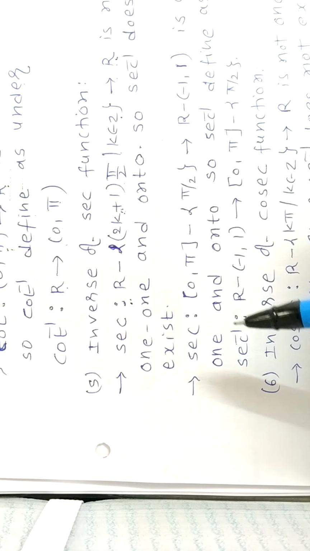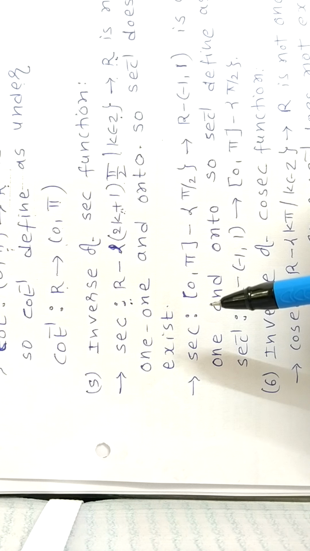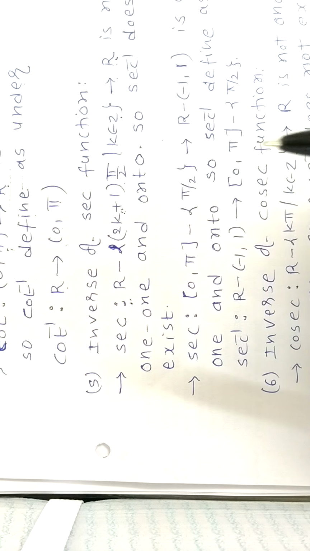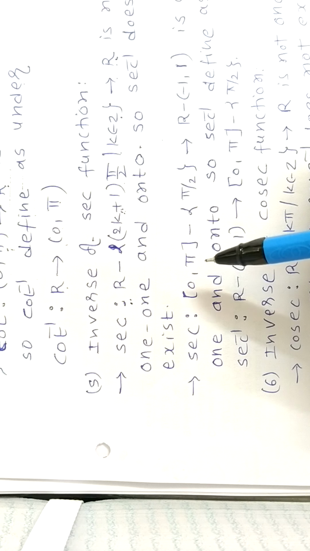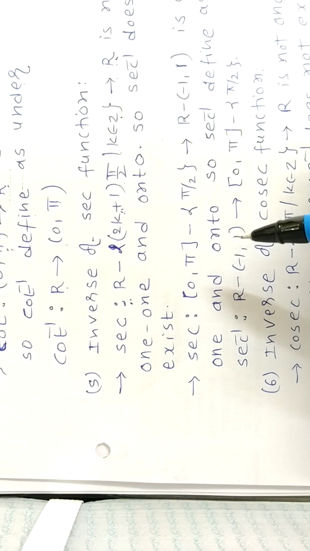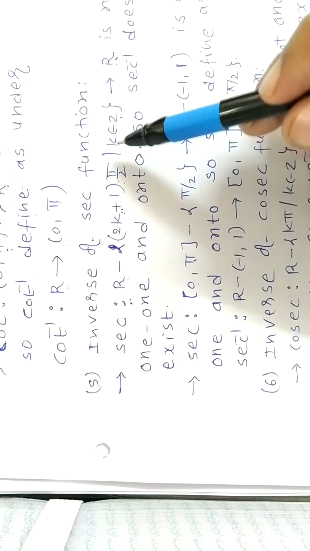So the inverse of sec does not exist. If we want to get the inverse of sec function, we have to restrict its domain. New restricted domain is 0 to pi instead of R minus (2k plus 1) pi by 2, k belongs to Z.